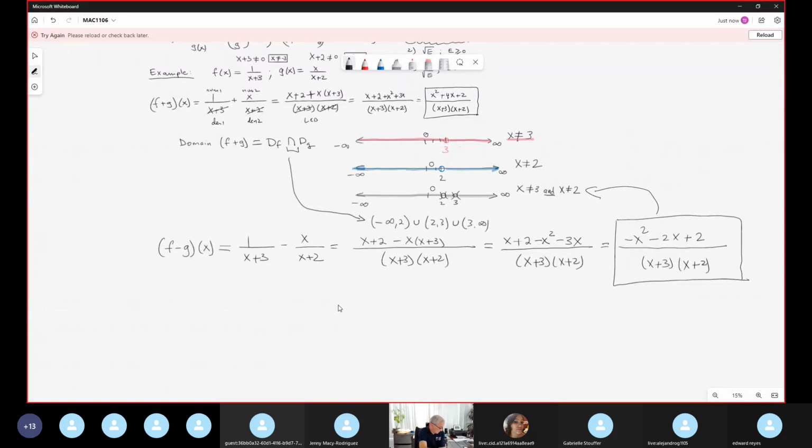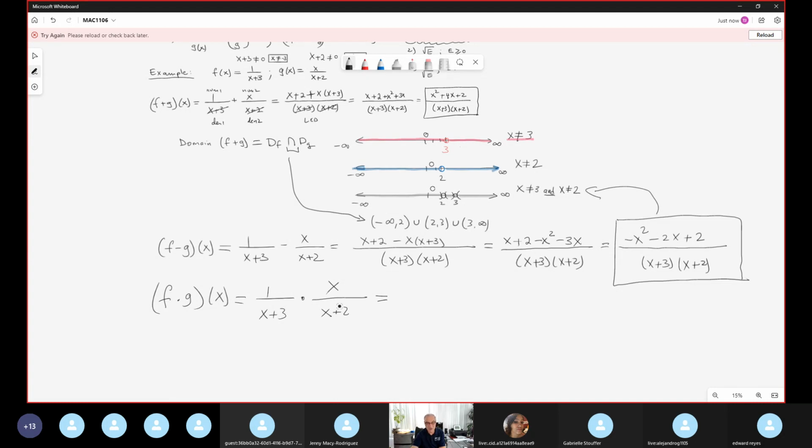Now let's do multiplication. Multiplication is also easy. It's (f times g)(x), which is now 1 over x plus 3 times x over x plus 2. Multiplication is the easiest operation with fractions.